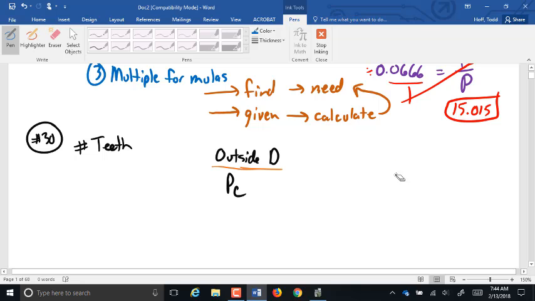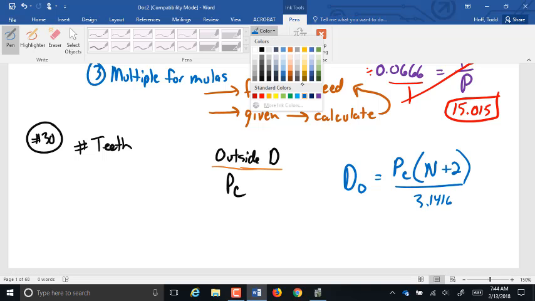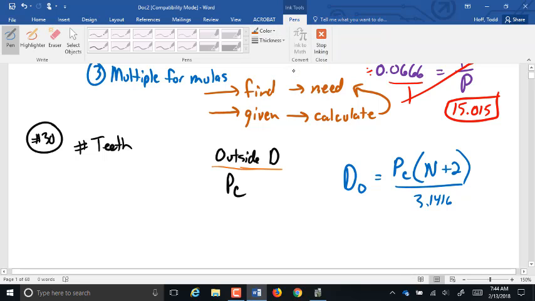But there was another formula there. DO equals circular pitch times n plus 2 over pi. So the DO was, what is it again? 4.3750 equals PC, 0.3927.